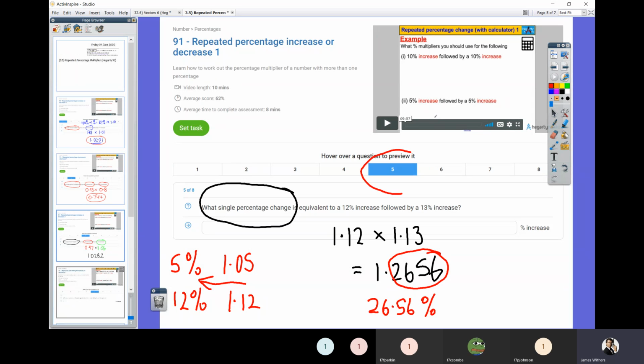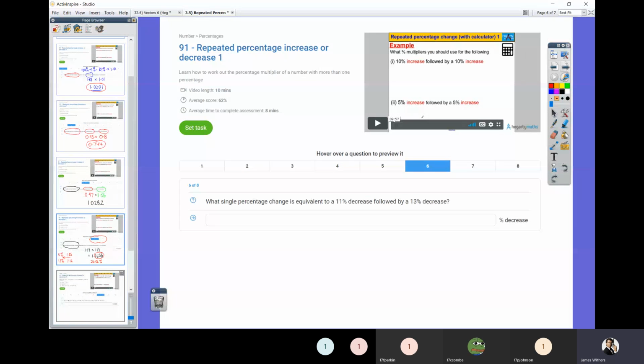Okay, so be careful. Question 5 and question 6, I think, single percentage change, you're focusing on the bit after the decimal points. And same for question 6, single percentage change. So we've got 11% decrease. That's fine. That's 0.89.